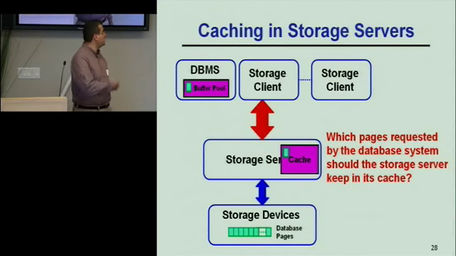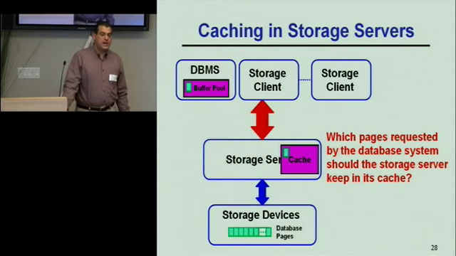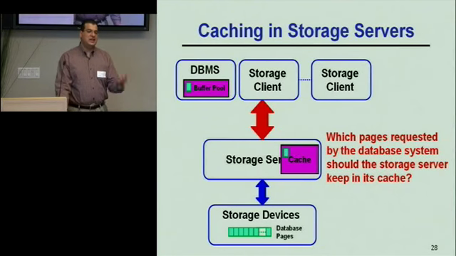So a database system has a buffer pool in which it caches database pages. And when it requests a page from the storage server, it will read this page from the storage devices, and it can cache it in its own cache as well. So the question here is which pages requested by the database system should be kept in the storage server cache.